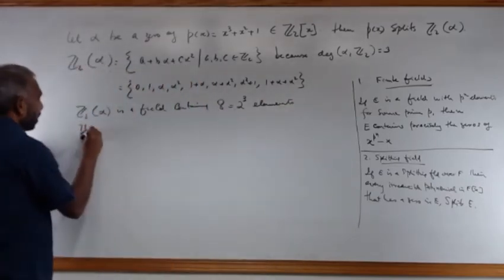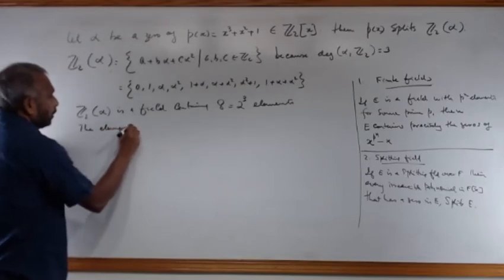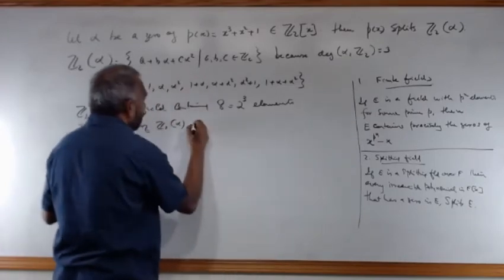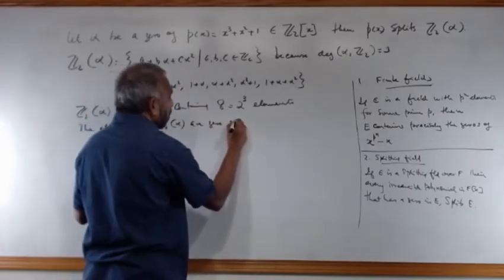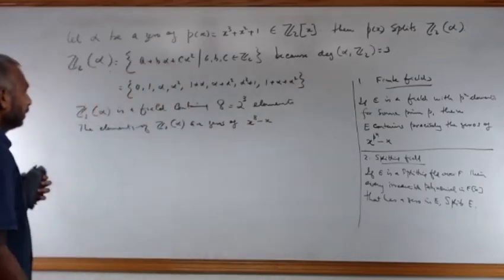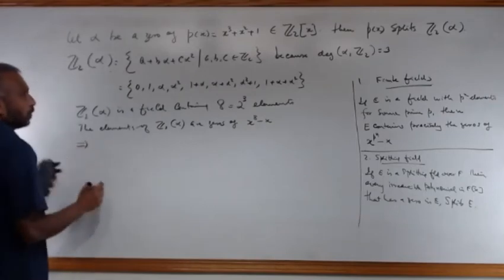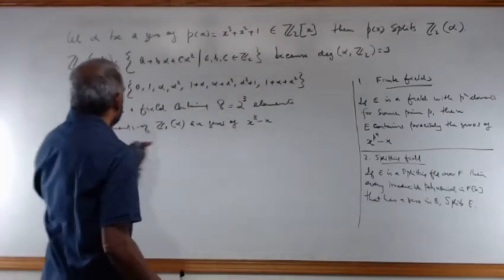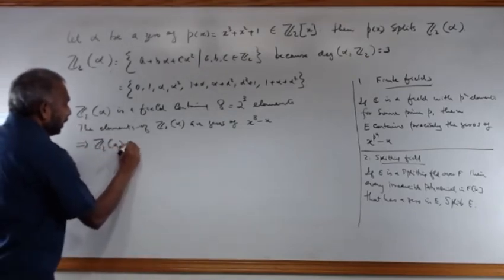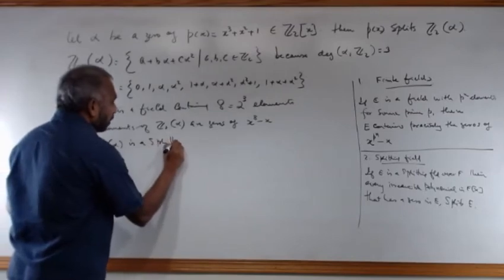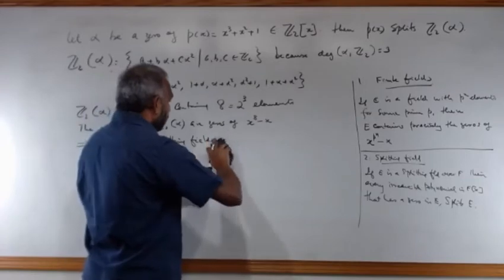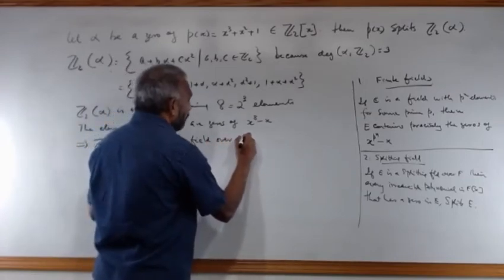So the elements of Z2 of alpha, using this theorem, are zeros of x to the power of 8 minus x. And that implies all the zeros of x to the power of 8 minus x are in Z2 of alpha, meaning Z2 of alpha is a splitting field over Z2.